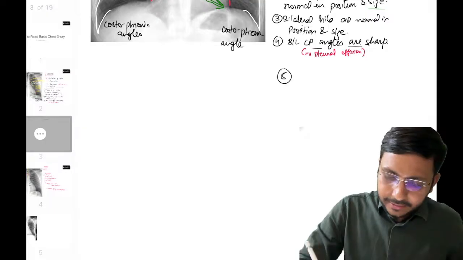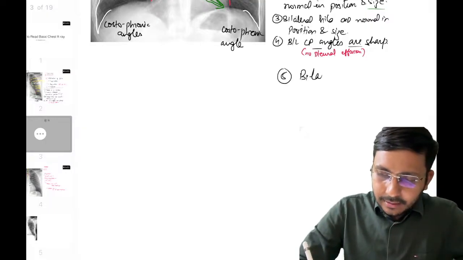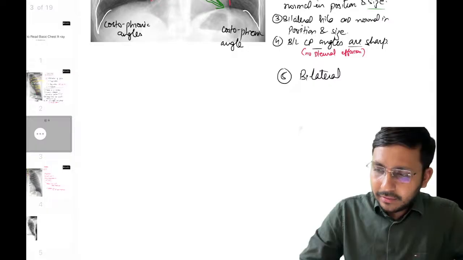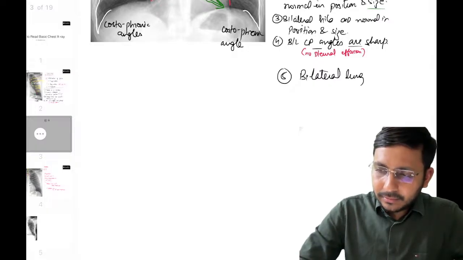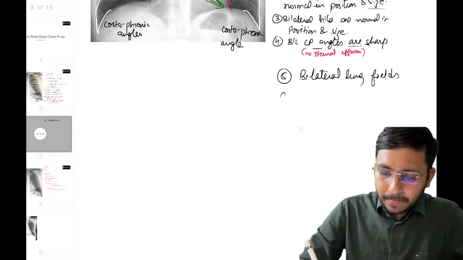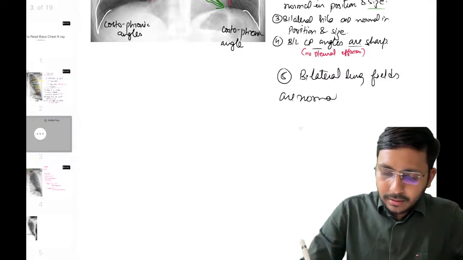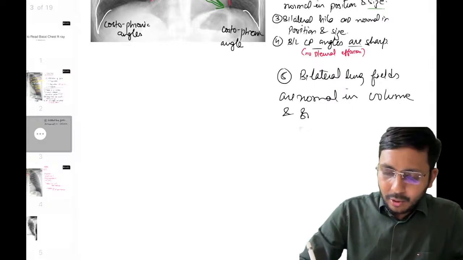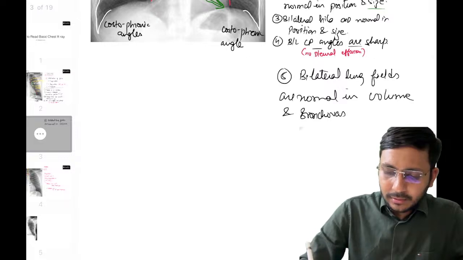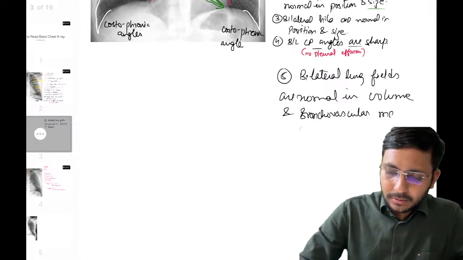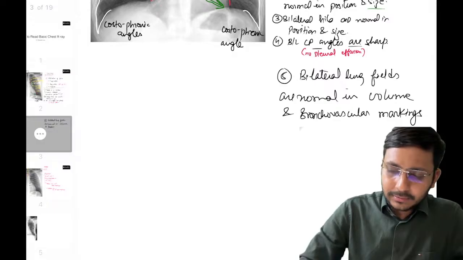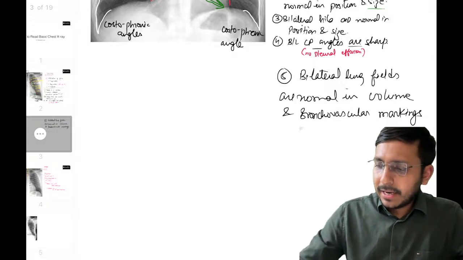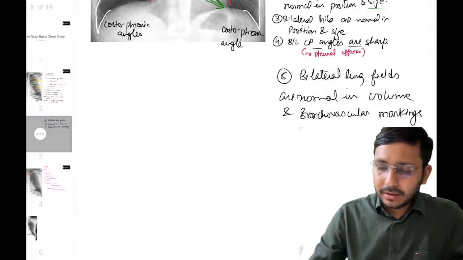Fifth thing we'll write, bilateral lung fields are normal in volume and bronchovascular markings.